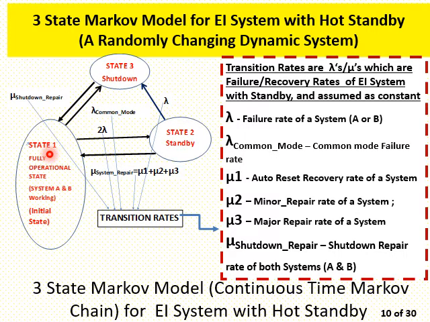In that way, based on the random events of failures and repair, the Markov model will move from state to state. In the next slide, we would further explain what are the practical values taken for lambdas and mu's, and what is the role of transition rate. These aspects will be described in more detail in the next slide.